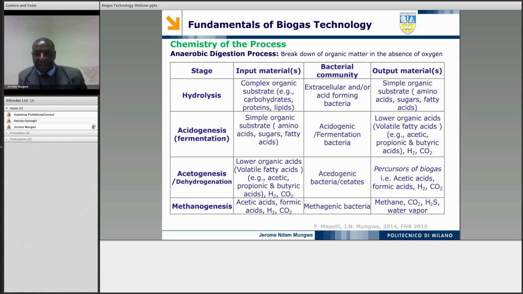of volatile fatty acids, which include propanoic acid and butyric acid, and also hydrogen and carbon dioxide is produced at this stage.